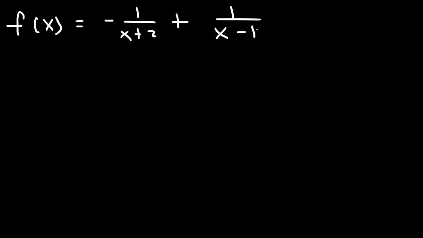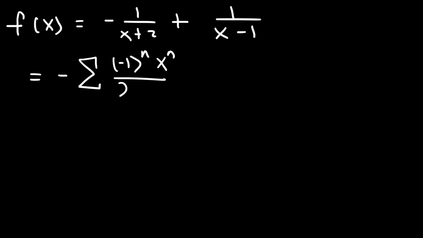Now let's put this all together. So the original function, we broke it down into -1 over x plus 2 plus 1 over x minus 1. Now the power series representation for 1 over x plus 2, we said that's -1 to the n times x to the n over 2 to the n plus 1. And for 1 over x minus 1, we found it to be -1 times x to the n.